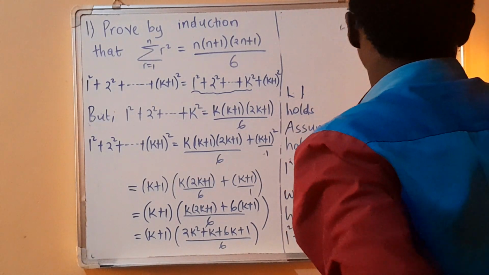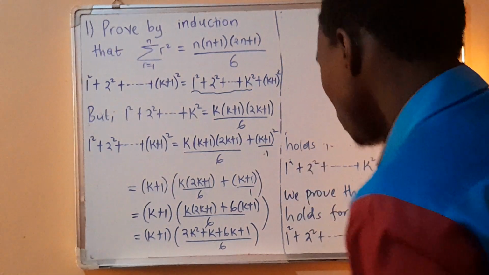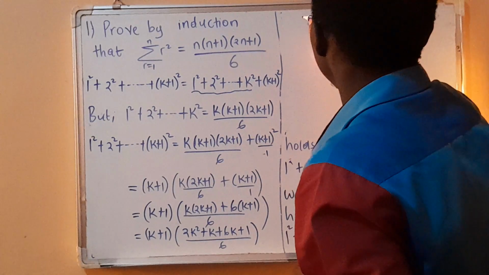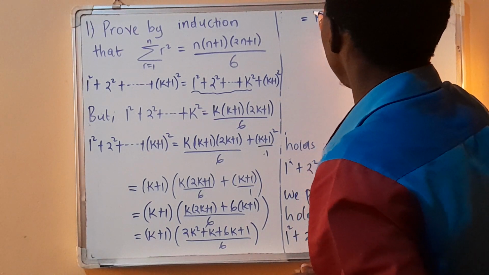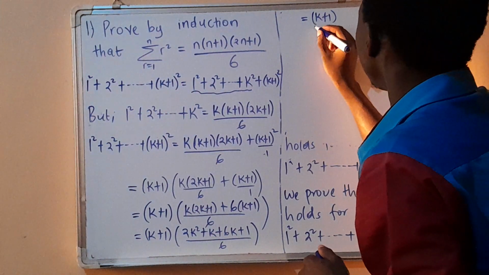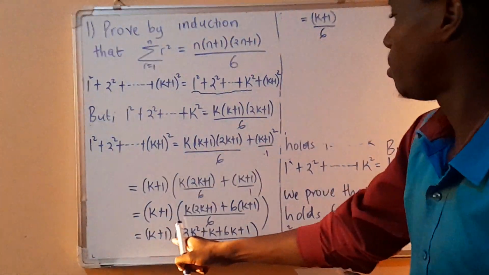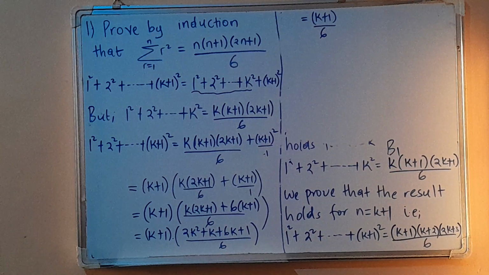Then I can proceed in this way. So this is equal to k plus 1 over 6. Observe that here I'm having a multiplication sign, so I can put this fraction 1 over 6 outside.